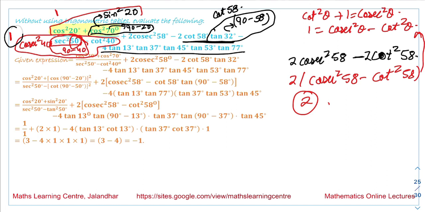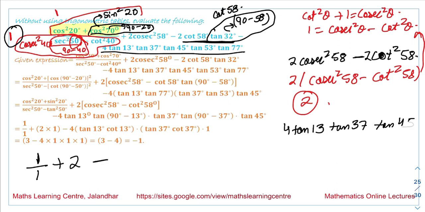Final answer: from the first term we are getting 1. From the next term, 1 over 1 plus 2 minus 4 tan 13, tan 37, tan 45, tan 53 and tan 77. 53 we can write as 90 minus 37. 77 we can write as 90 minus 13.